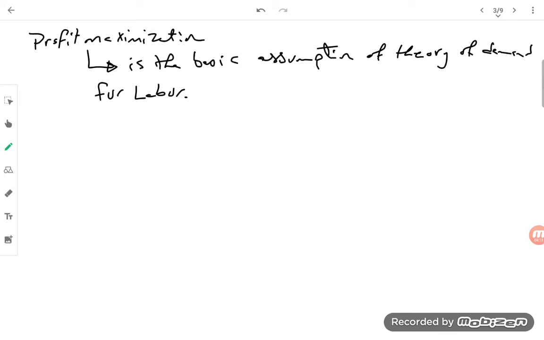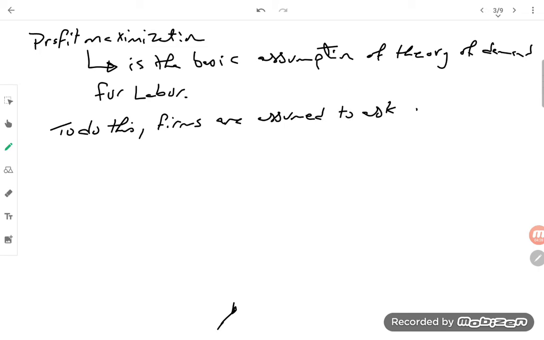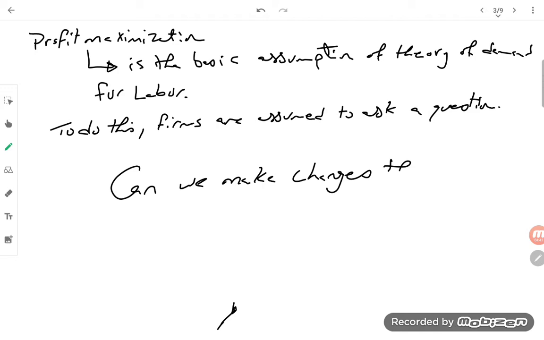In order to do this, firms are assumed to ask one main question, which is: can we make changes that will improve profit?